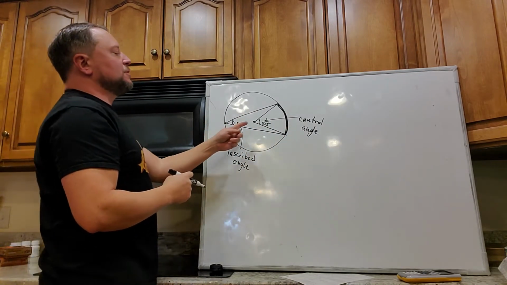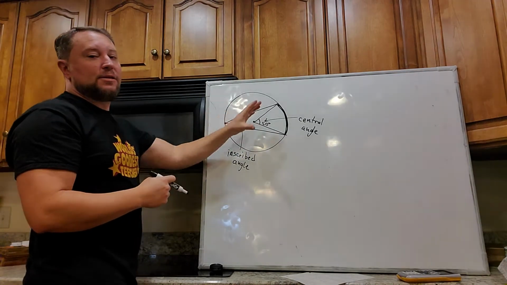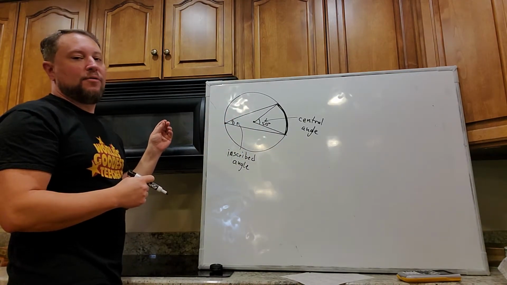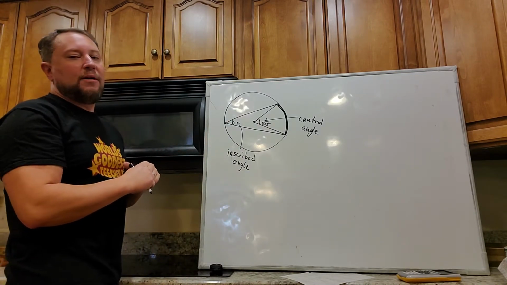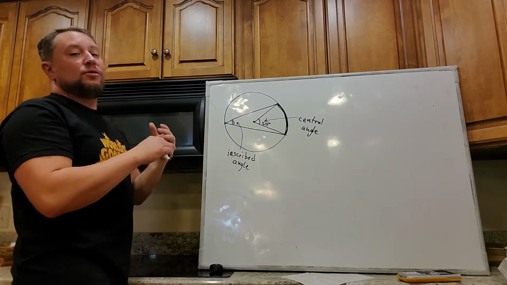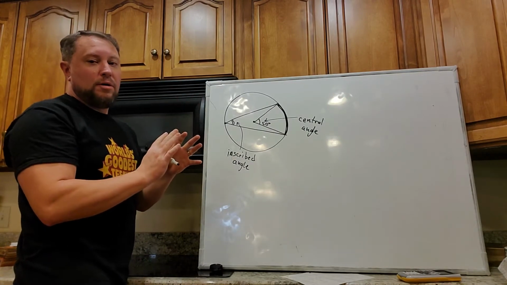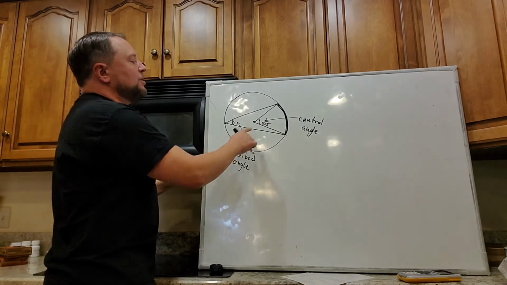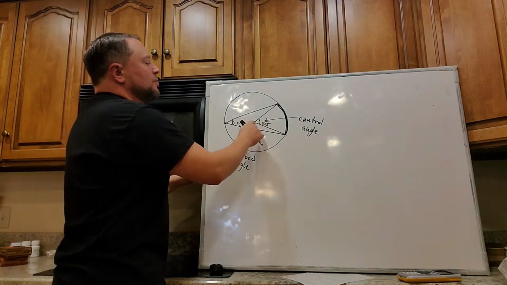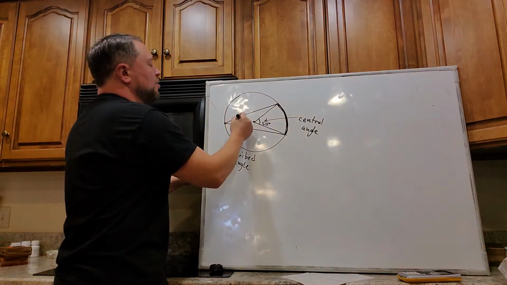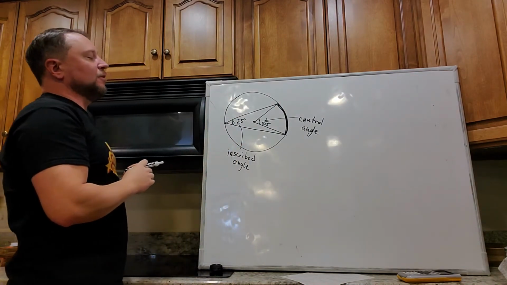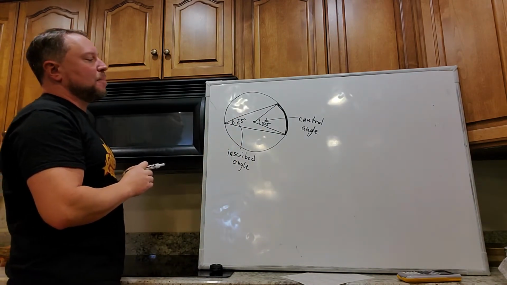So if I pull this twice as far back and it's getting smaller as I pull it back further and further, then this angle here, the inscribed angle, is exactly twice as small, or only half the measurement of this central angle. So if the central angle here is 50, this angle would only be 25 degrees, half of the 50.